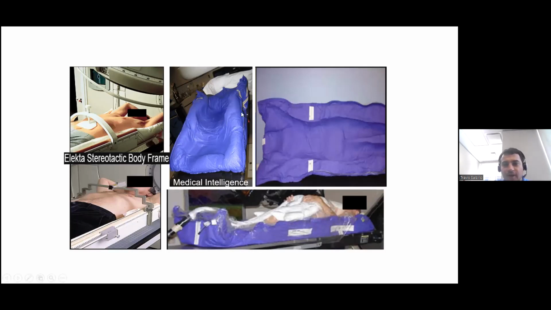We have these vacuum lock bags, which are basically similar to bean bags. You evacuate the air and mold it to the patient, and once the patient gets up, you have a hard shell or cradle that the patient can lay in every day. This provides a very consistent setup from fraction to fraction.